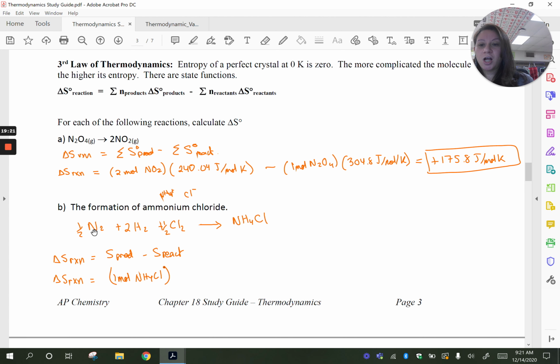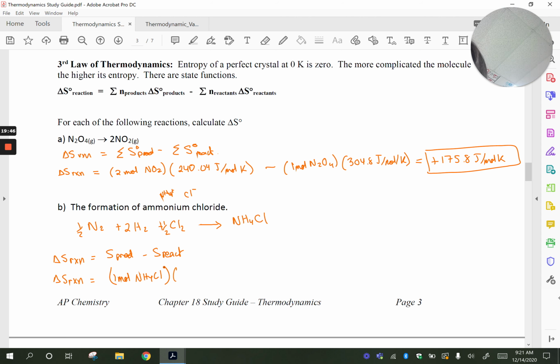So we're going from 3 particles, right? 2 and a half is equal to 3 particles, to only 1. So that's not favored, right? Also, these are all gases at room temperature, going to a solid at room temperature. That's also not favored. So it seems like we're going from more disorder to less disorder, more entropy to less entropy. That means delta S is going to be negative. So that's our prediction.